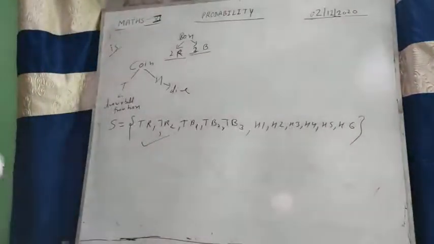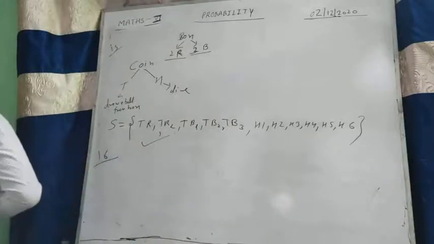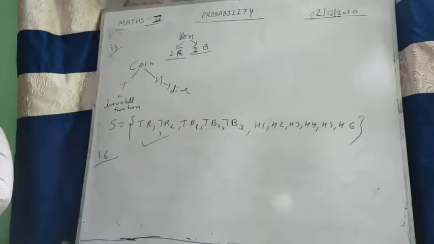Now the next question is question number 16. It says that a die is thrown repeatedly until 6 comes up. What is the sample space for it?